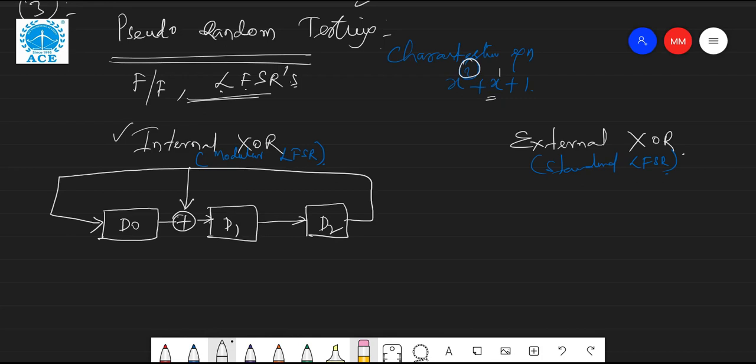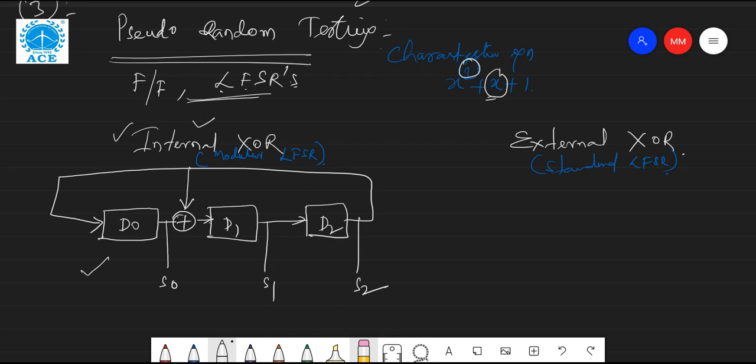Why D1? Because of the next term, x to the power of 1. Internal means input level. Now these are the select lines S0, S1, S2. So this is a design pattern of pseudo random testing.